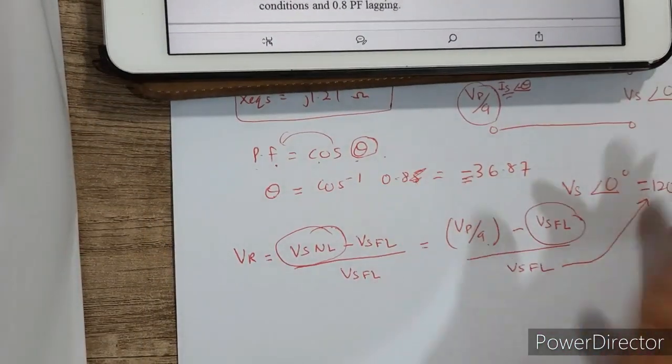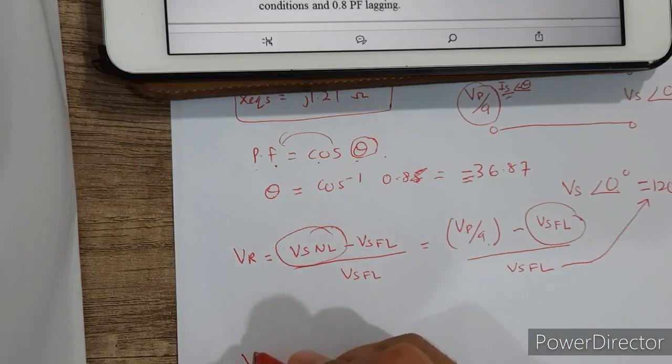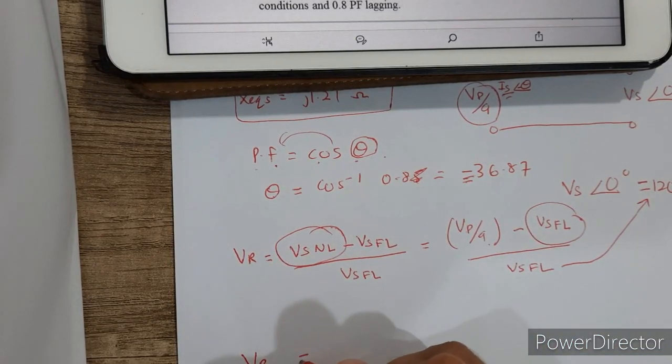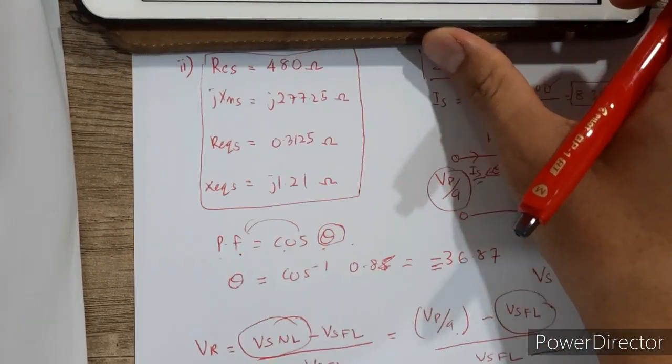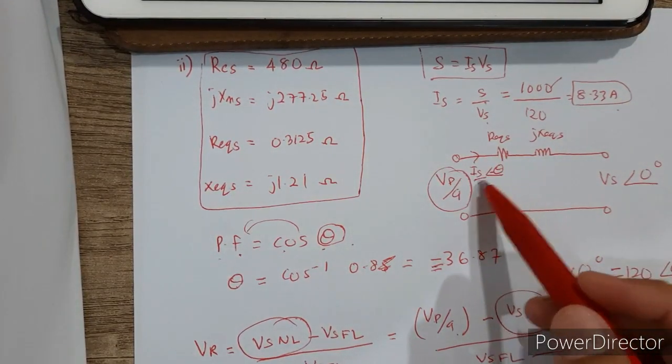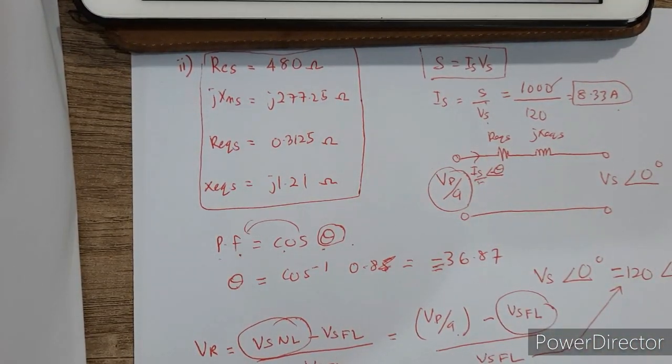So next we want to determine VP over A. You can refer to the circuit here. VP over A equals IS angle of theta multiplied by R equivalent S plus jX equivalent S, plus VS angle of 0 degree.